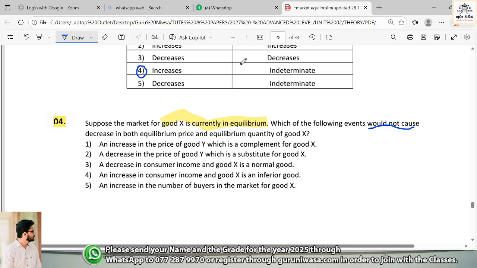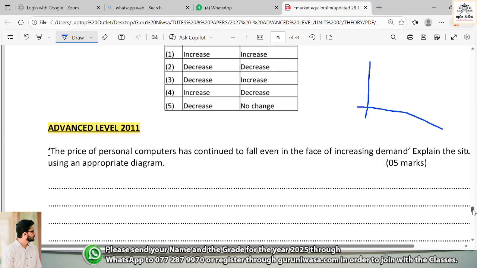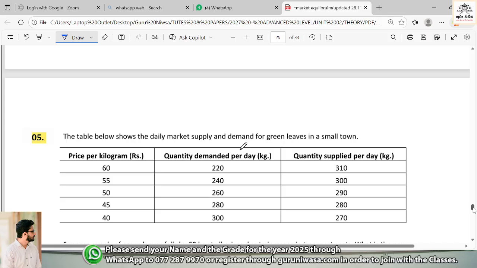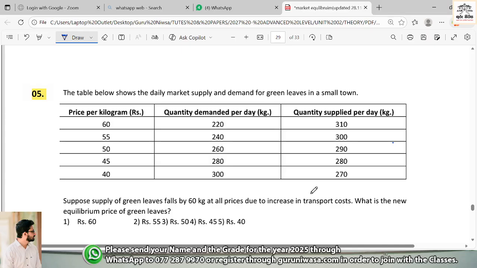Calculation question. The table below shows the daily market supply and demand for green leaves in a small town: price per kilogram, quantity demanded, and quantity supplied.